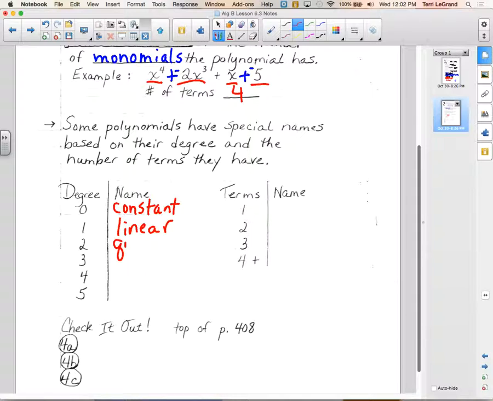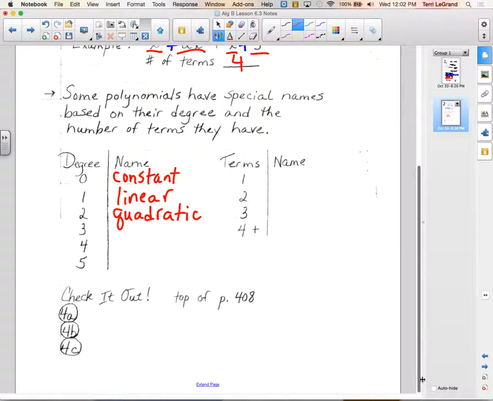It's called quadratic, Q-U-A-D-R-A-T-I-C, quadratic. If it's a degree 3, anybody want to take a guess at what it would be? Cubic. Yeah, when you have a cube, you have 3 dimensions. Cubic.